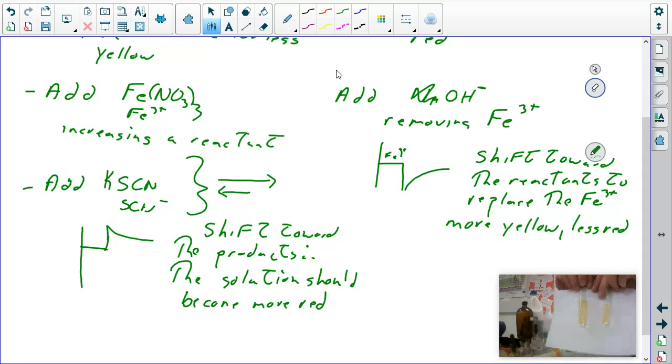And whether there is a slightly less yellow color to this one, very, very slight in my opinion. It's a little bit hard to see with the solid particles in there. So again, this is kind of inconclusive.